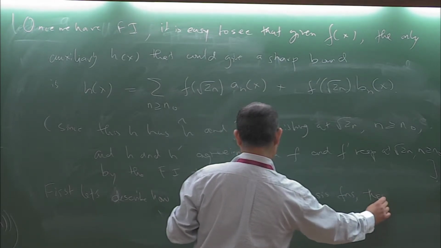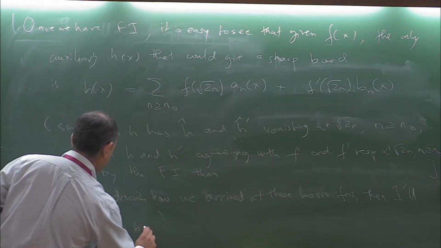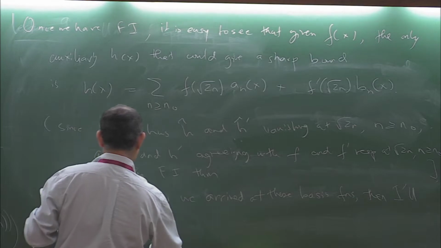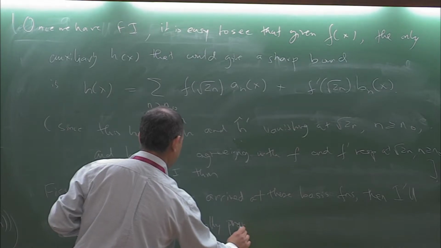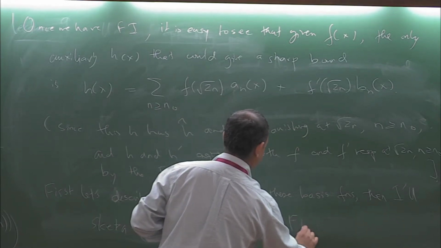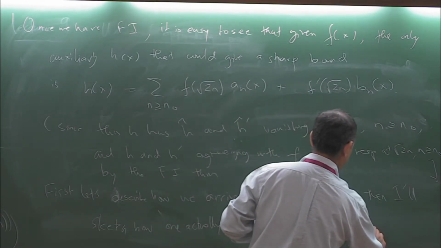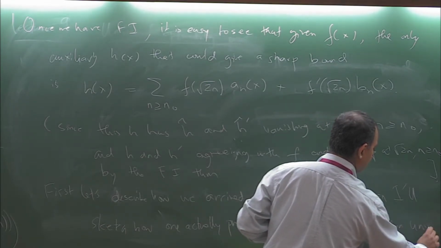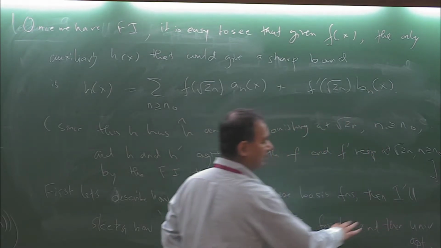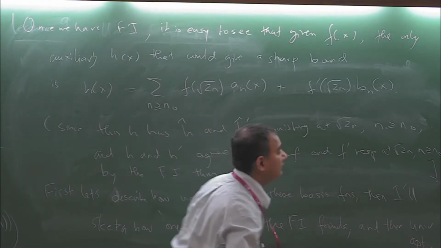And then I'll sketch how one actually proves the Fourier interpolation theorem, and then go on to how universal optimality is proved. I mean, that's also non-trivial. Even when you have the Fourier interpolation theorem, you still need to prove the serious inequalities, and it's not trivial at all.